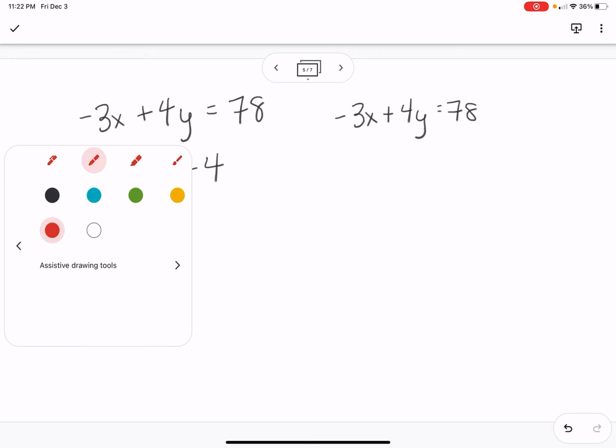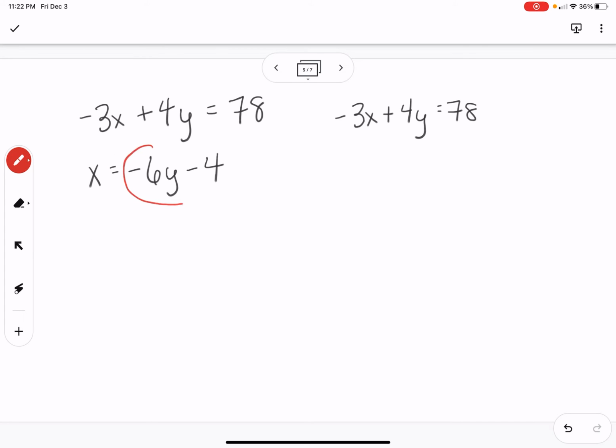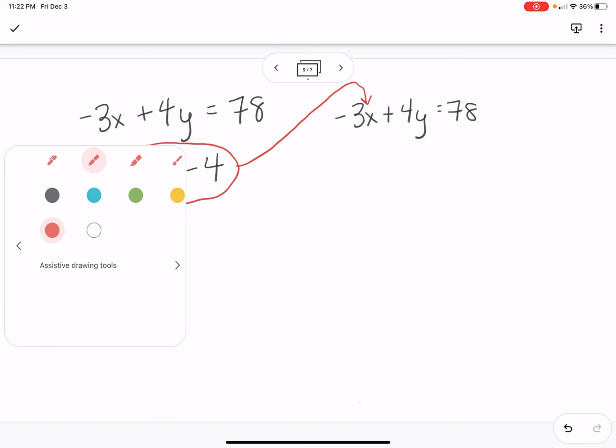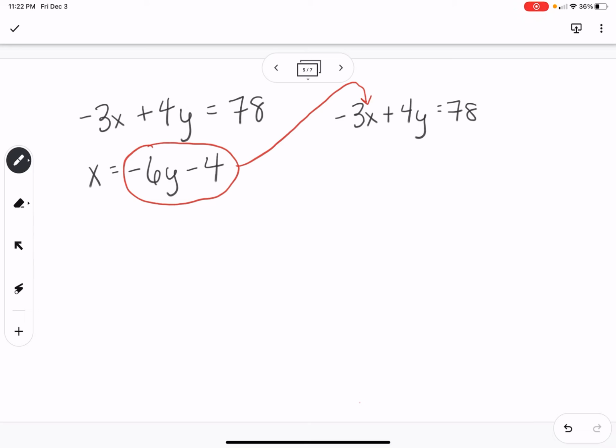Again, this time I'm going to circle what x equals. I'm using the equation that has the variable by itself, and I'm going to draw a line to the x because it was x that's by itself this time, not the y. And I'm going to plug in just like I did earlier.